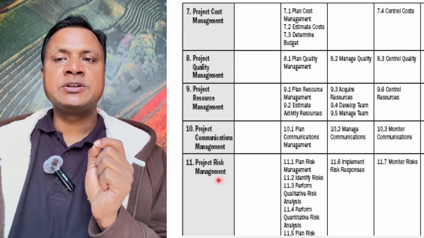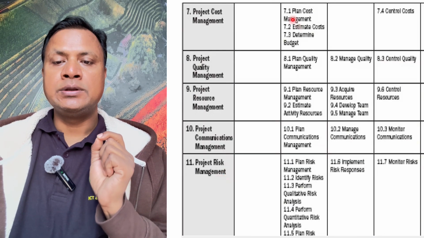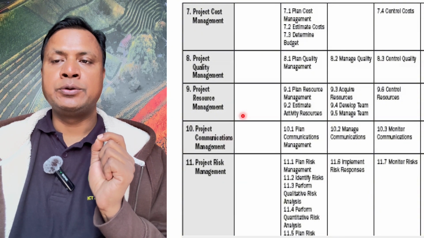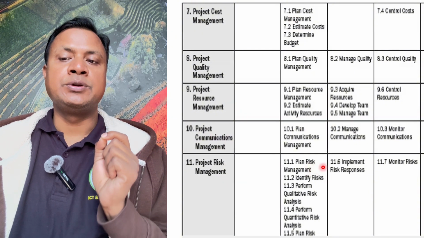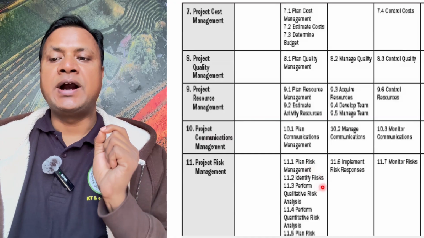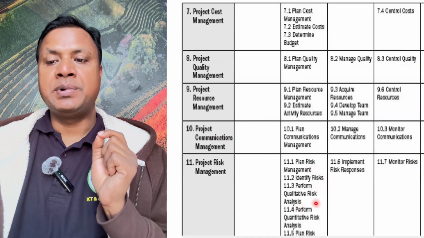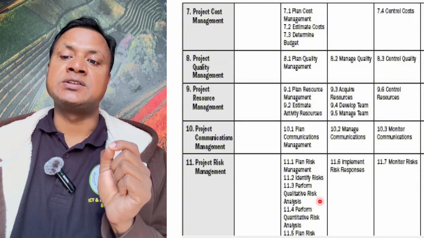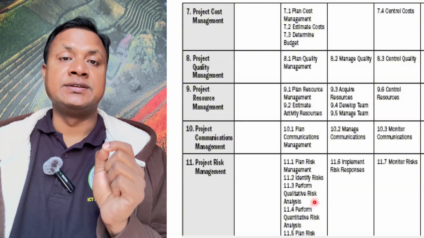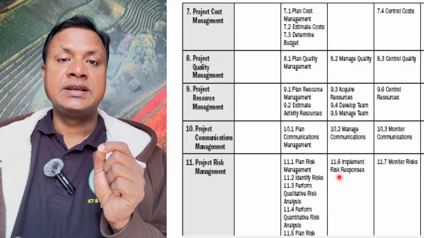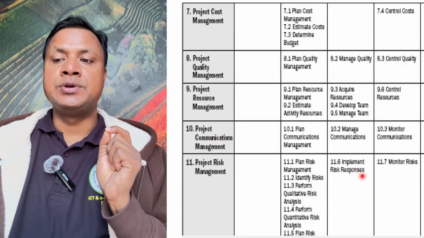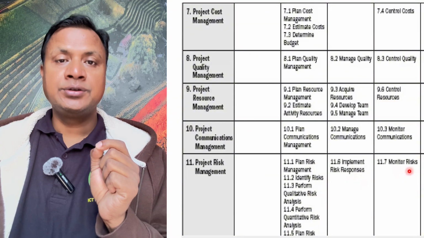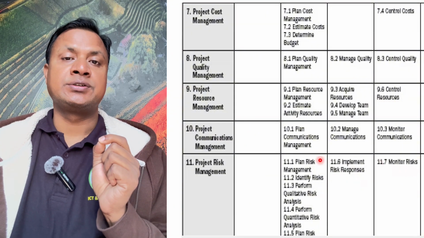In the planning stage, we plan risk management, identify risks, perform qualitative risk analysis, perform quantitative risk analysis, and plan risk responses. In the execution stage, we implement risk responses. And in the monitoring and controlling stage, we monitor risks.